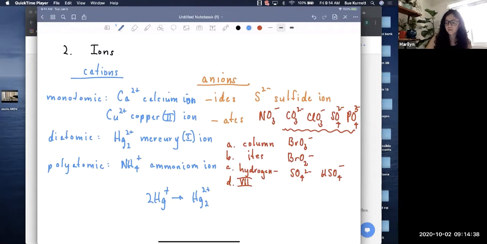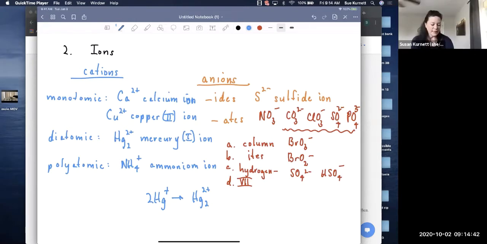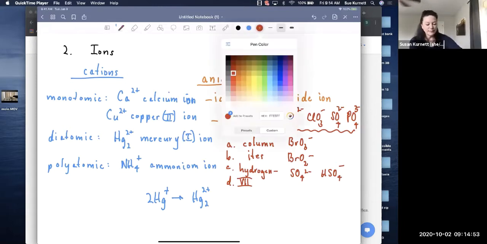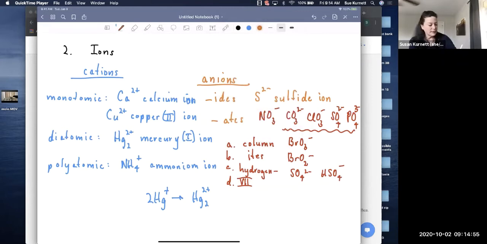Sure. Okay, so we have -ides and -ates, and the -ates have derivatives, more possibilities. There are some that don't fit, and we have to just memorize them. Here's a couple exceptions that need to be known. Like cyanide, that's a diatomic anion that ends in -ide.